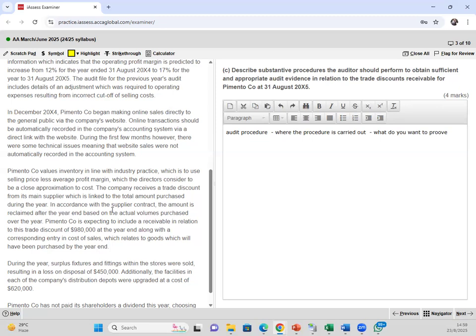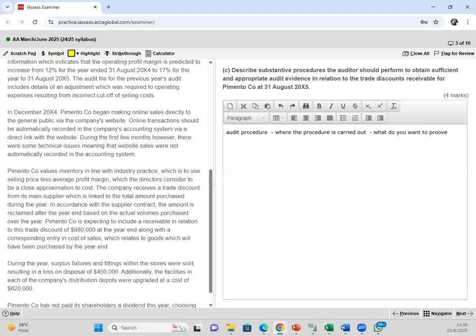I was reading the case. The company receives a trade discount from its main supplier, which is linked to the total amount purchased during the year. In accordance with the supplier's contract, the amount is reclaimed after the year end based on the actual volumes purchased over the year.